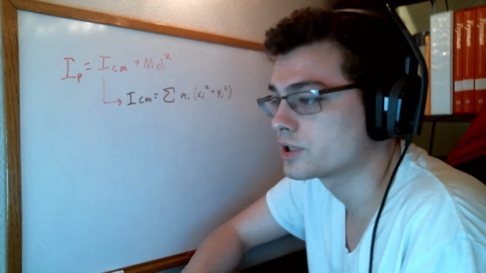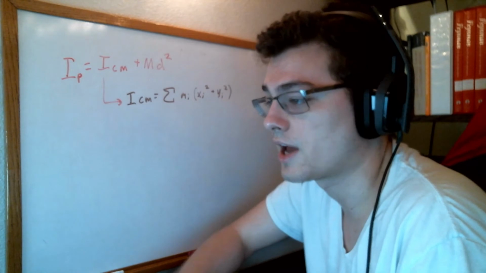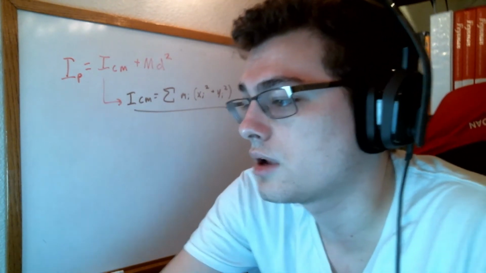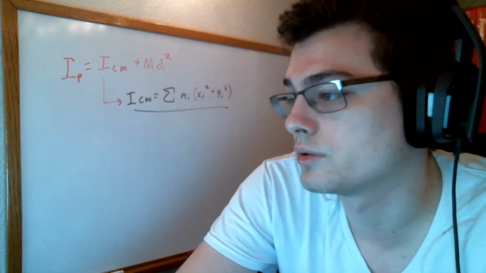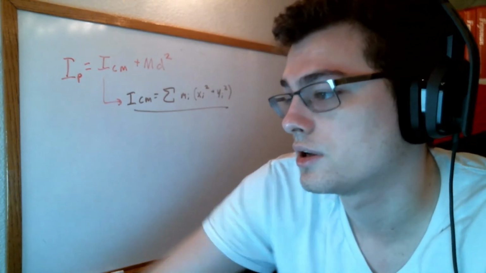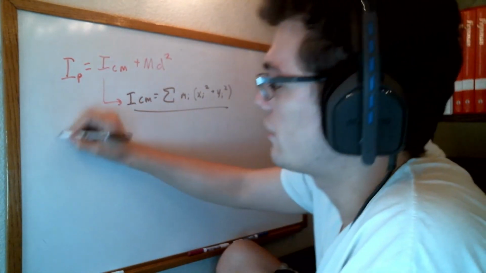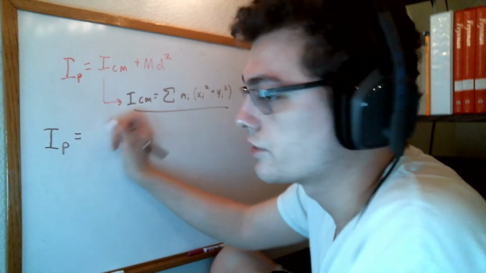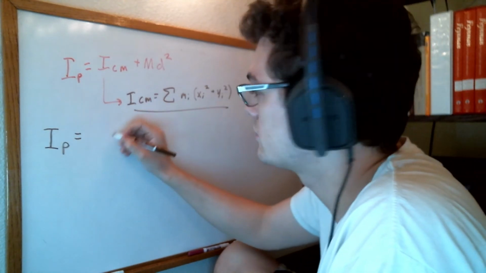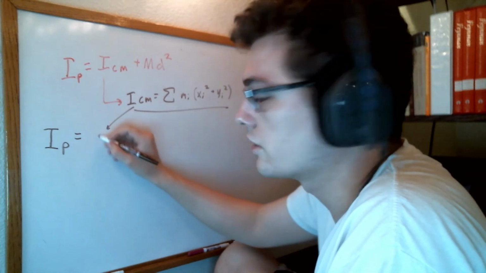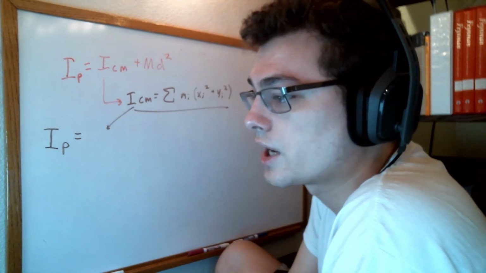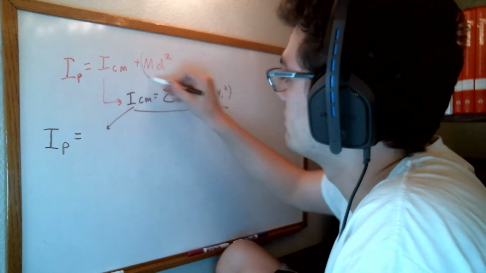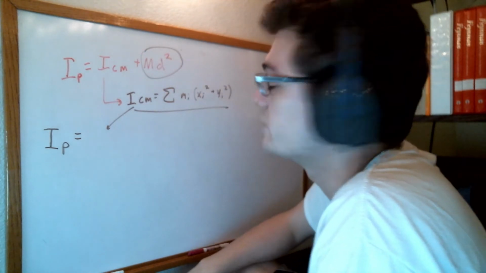Then the moment of inertia, ICM, of the slice about the axis is this. And so what we can do now is also say that IP is going to be equal to ICM here. So I'll plug that in there. And then we have to take into account the other part here, MD squared.